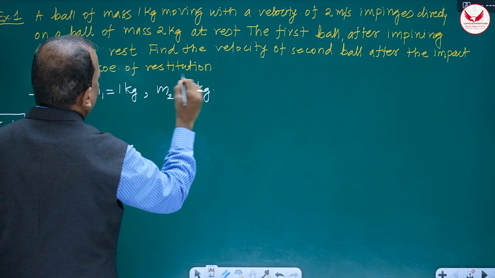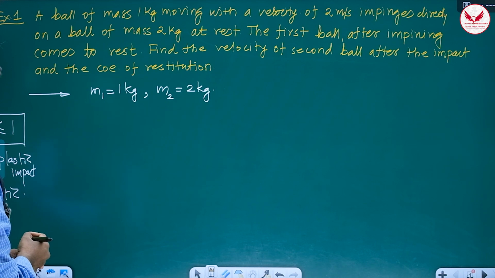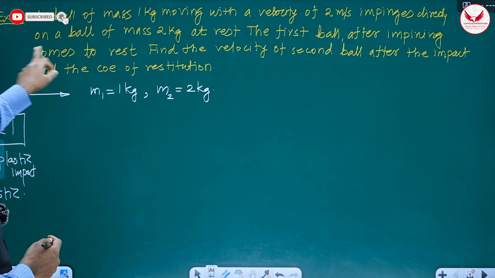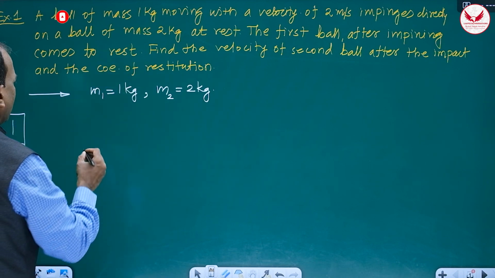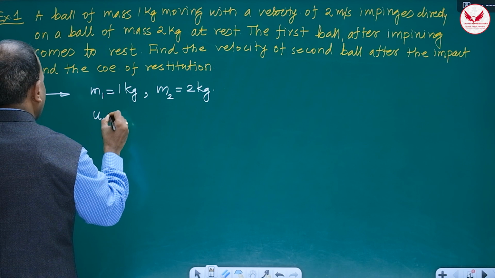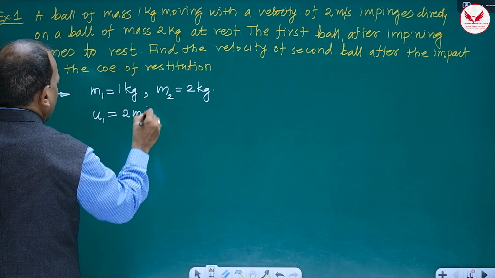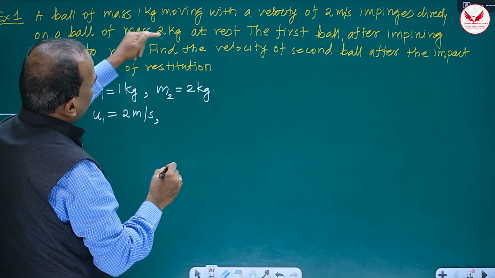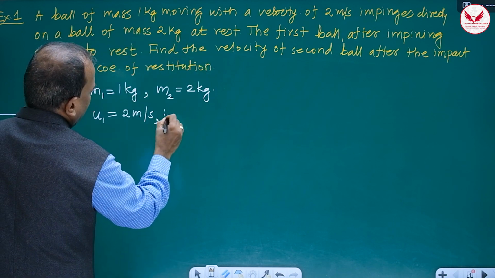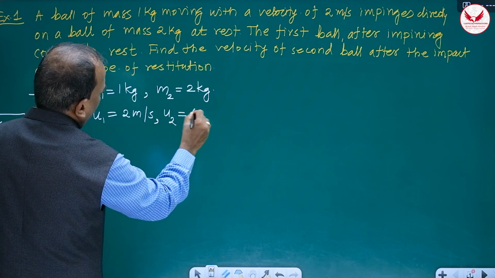So it is given. And the velocity of the first ball, the 1 kg ball, is 2 meters per second. Let us consider it is towards right. And the second ball, 2 kg, is at rest. At rest means it is 0.